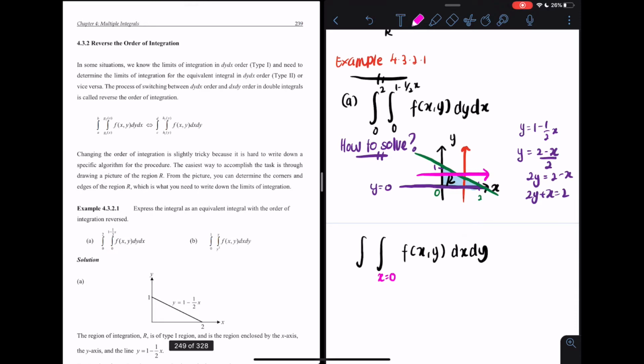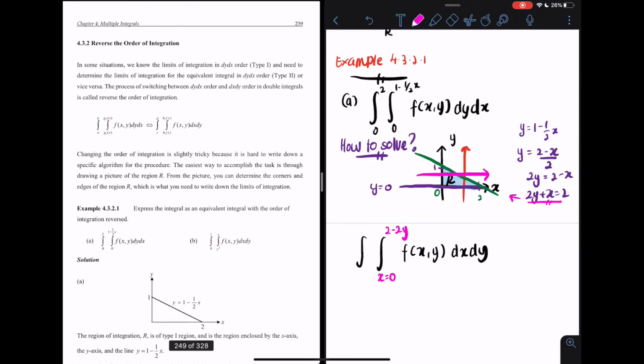And then right after that, according to your observation, the pink arrow will touch the straight line that has been represented by this equation, 2y plus x is equal to 2. Again, you have to make sure x is the subject of your equation. Based on this equation, by letting x be the subject, you will get 2 minus 2y as the upper limit with respect to variable x.